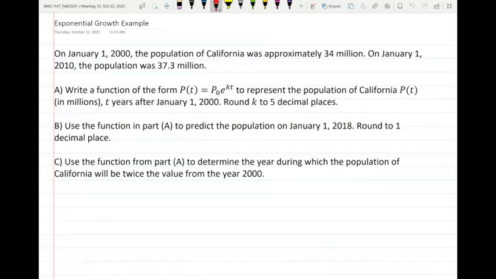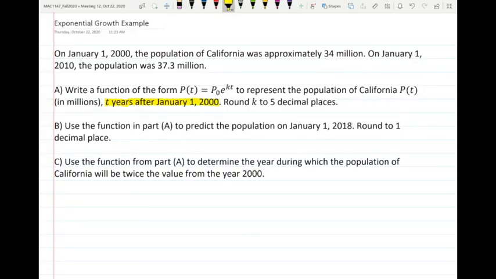Okay, asking three parts here. So part A, write a function of the form P of t equals P0 e to the kt to represent the population of California in millions t years after January 1st, 2000. This is important. Remember, we already did one example similar to this. And round k to 5 decimal places.